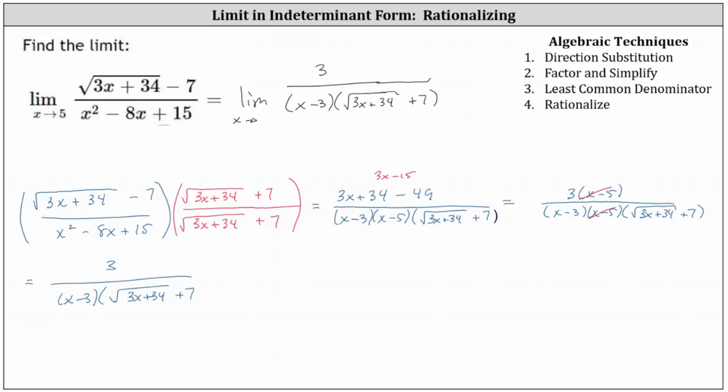And again, because this function is continuous at and around positive 5, we can evaluate the limit now by performing direct substitution.